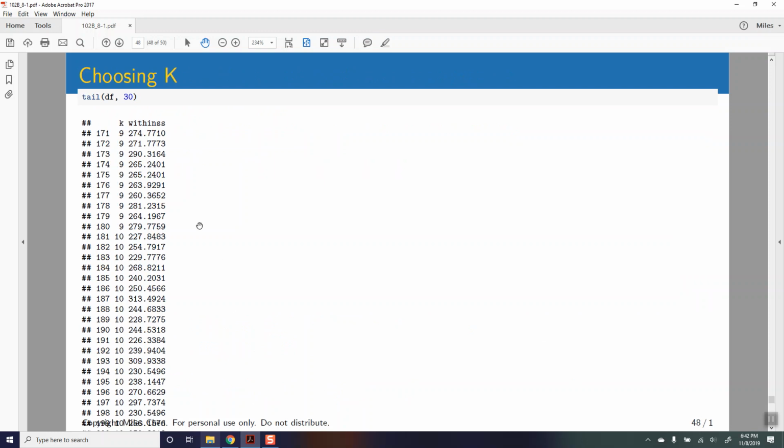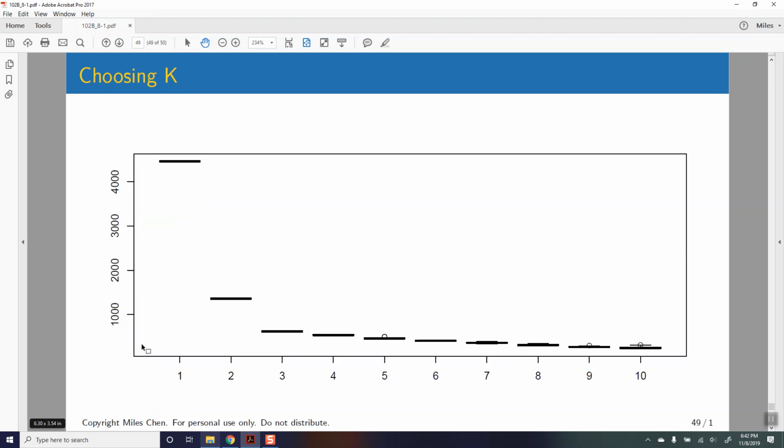At 9 and 10 clusters, we can see that with 10 clusters, we get fairly different values every single time: 227, 254, 229, 268, 240, 250, 213, 244, 228, 244. Twice we got the same result here. And here is the plot of the different sum of squares values we get. With 1 cluster, we have this much. Just by adding a second cluster, it drops down.